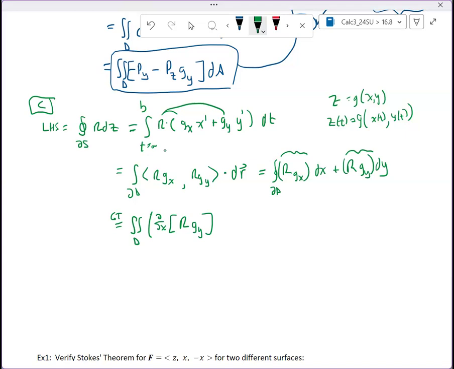So R is like R of x comma y comma g of x, y, and gy is like gy of x comma y. So I'm not writing all of the dependencies here because it's just a whole lot to write out, but I want to make that clear. Minus d/dy of the stuff on the x, R times dg/dx. That's all dA.